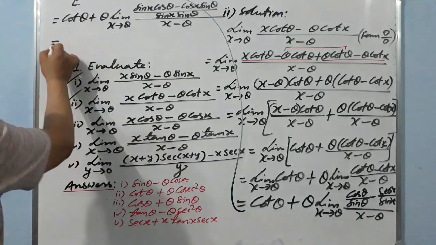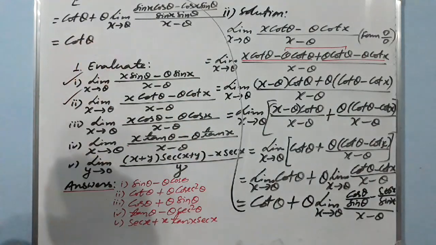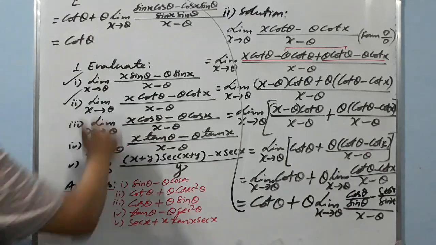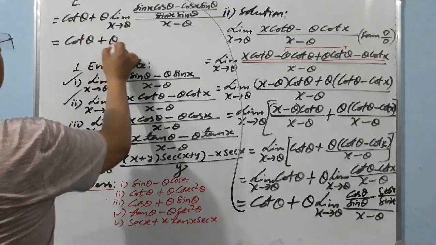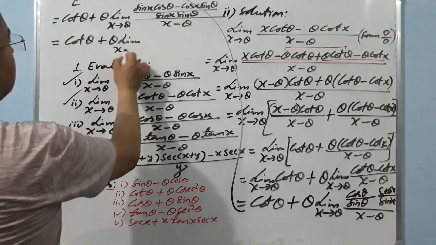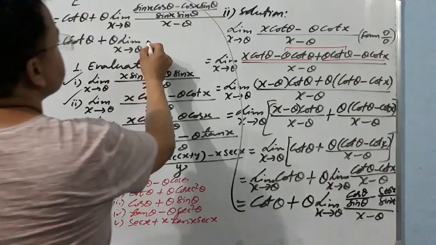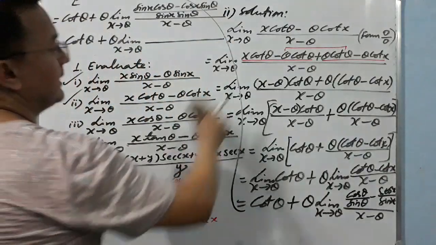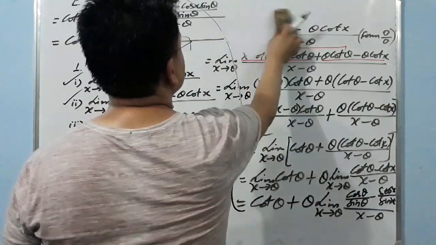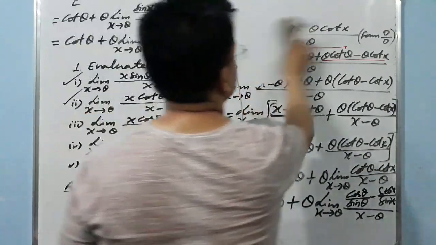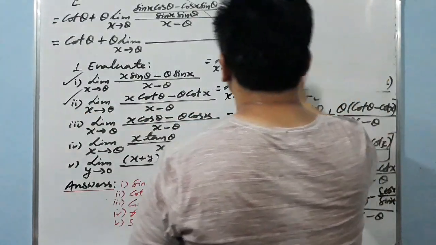So simple. Is equal to cot theta plus theta limit x tends to theta, and here I think you understood. I'm going to erase here because later I need space.